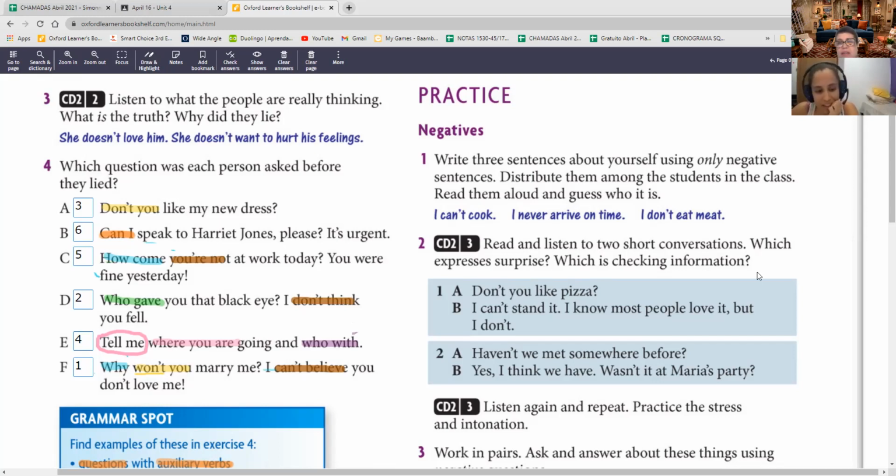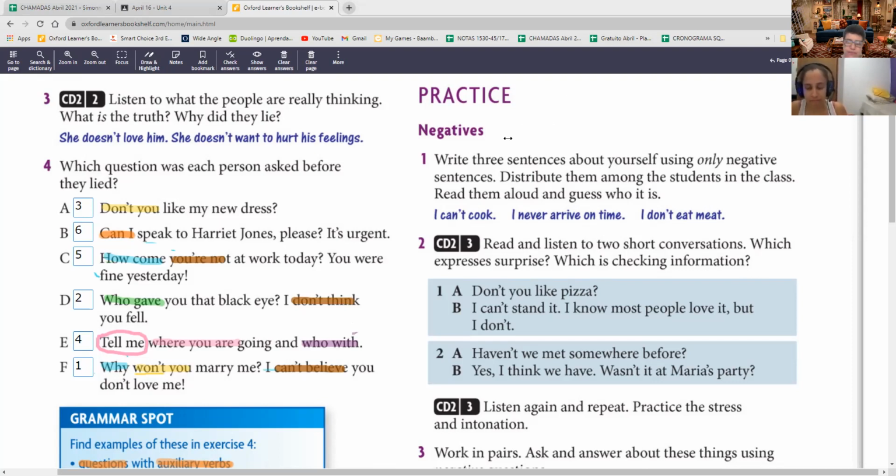Yes, that's a good idea to start. So let's see if we can make one negative statement about ourselves. I will try to write one here myself, see how we can do. I will just put it here on the book. I will write mine here, and you try to write one there. Then we share.